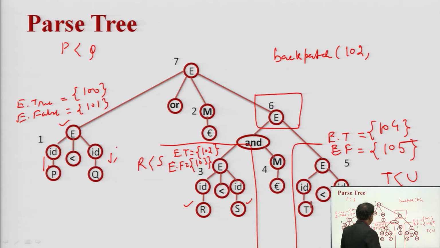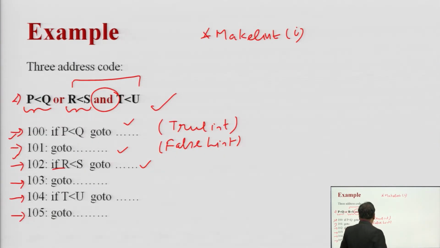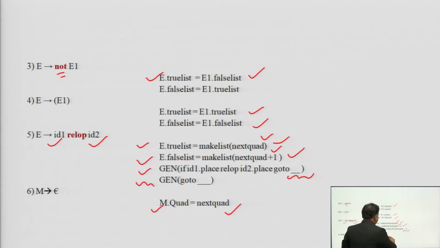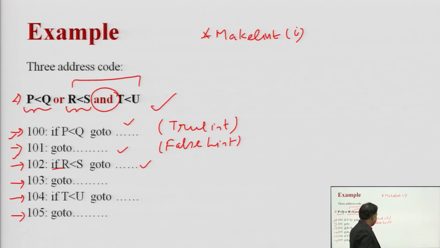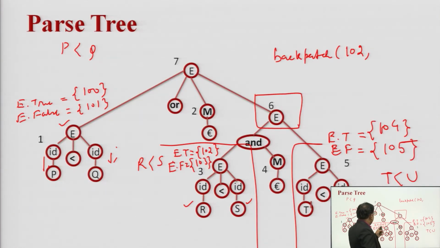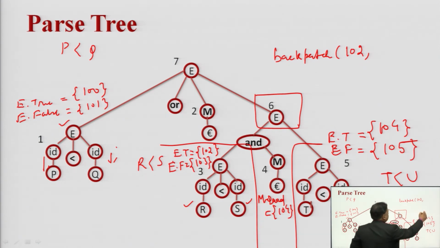M dot quad equals next quad. What is the value of the next quad in this case? After 102, 103, M dot quad equals 104. So backpatch(E1 dot true list, M dot quad) gives 104. What will be the E dot true list and what will be the E dot false list?